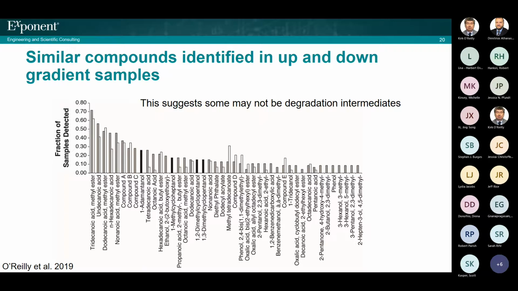Doing all this, we are looking at samples up gradient, down gradient, and within the source. And what we realized is that the compounds we see most regularly, we saw them in background samples and down gradient samples, which suggests that these aren't unique to hydrocarbon degradation.